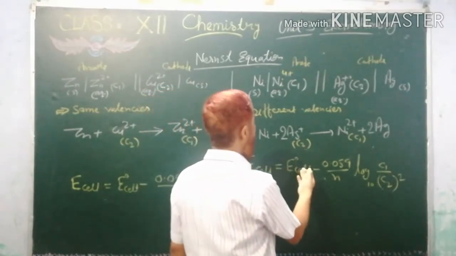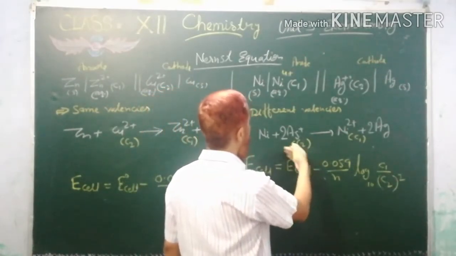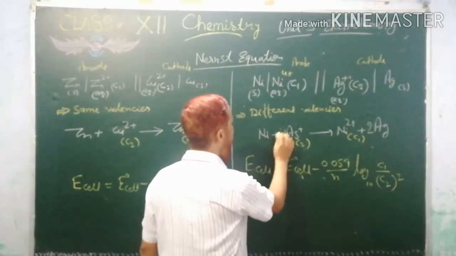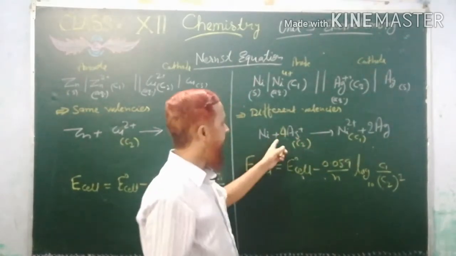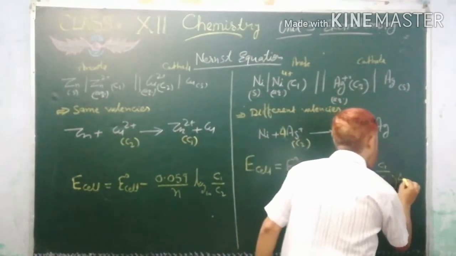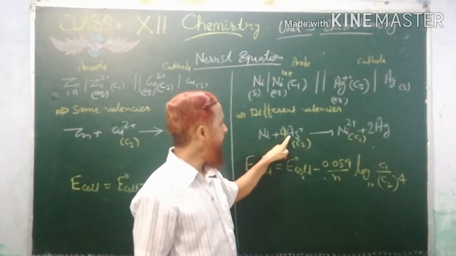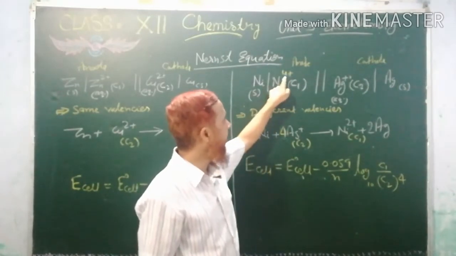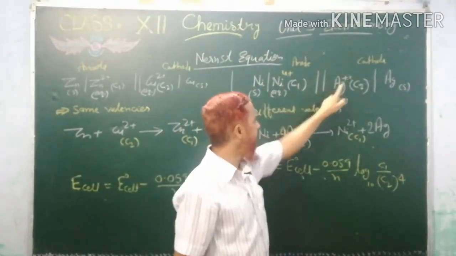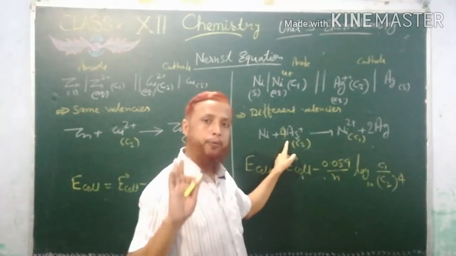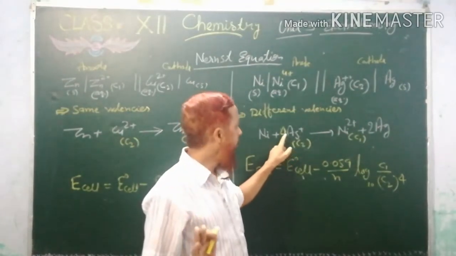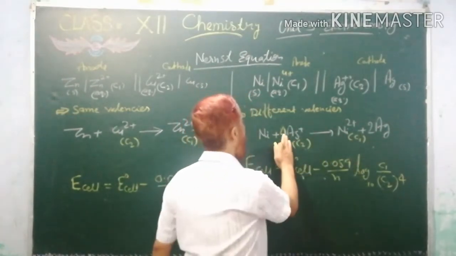So what will the balancing be? Then it will come 4 Ag plus. Then what will be the power here? It will come 4. Understood? How did we multiply 4 Ag plus? Because here it is 4 plus, it means here also should be 4 plus, so we will write 4 and the number of electrons will be 4 electrons. So this stoichiometry will come this side.